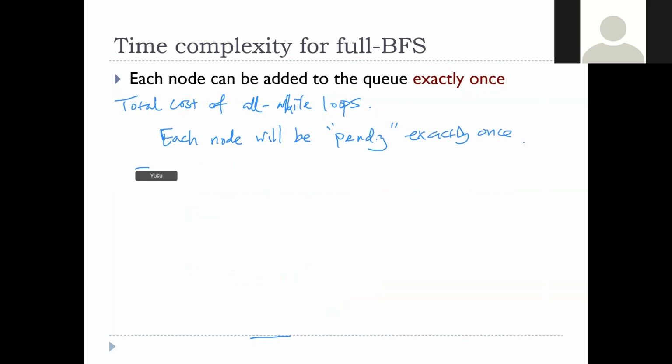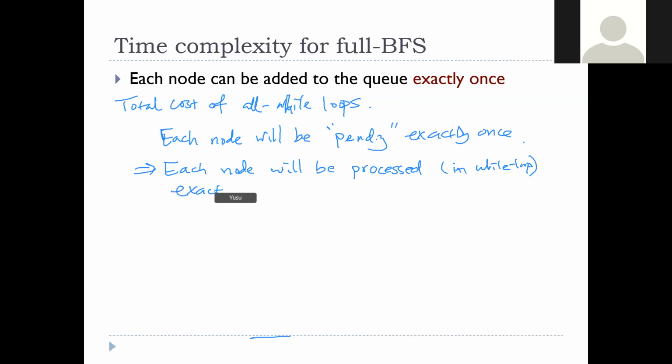Hence, each node will be processed in the while loop exactly once. Okay, so that's the first observation.